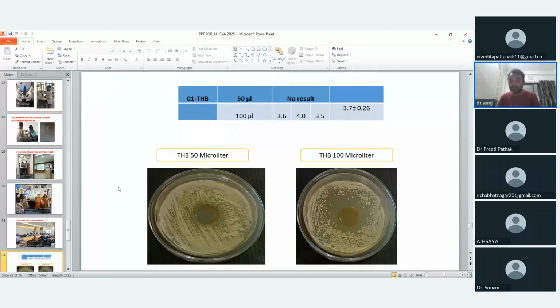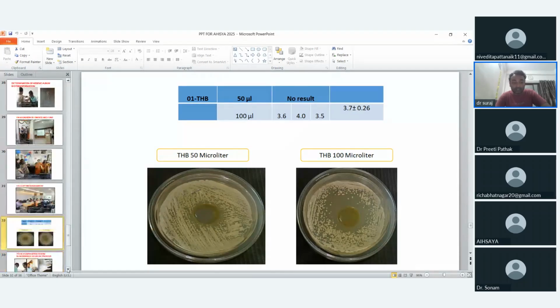Whereas in 100 microliter, it shows a zone of inhibition of around 3.7 plus minus 0.26. So it is the mean value of 3.6, 4.0 and 3.5. So in 50 micron, there is no zone of inhibition, whereas in 100 micron, you can see the zone of inhibition, around 3.7 plus minus. This is the efficacy of nanoparticle in the oil base.